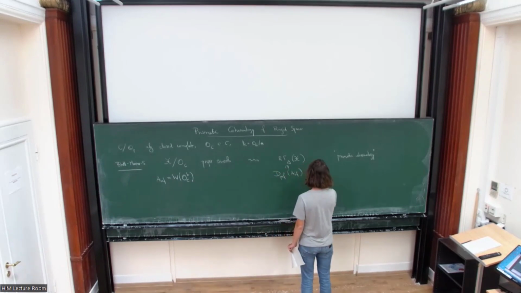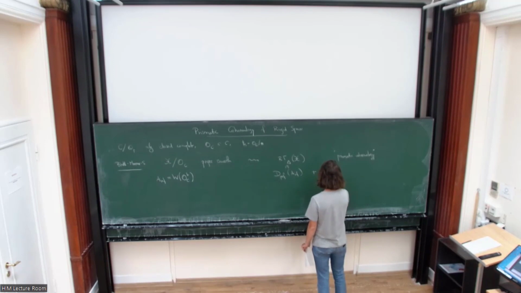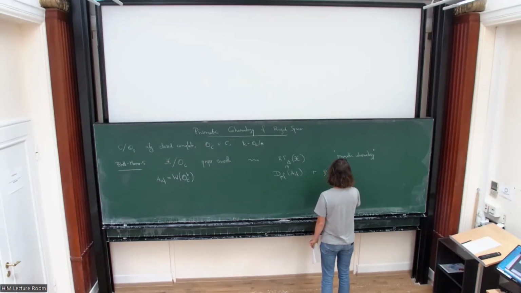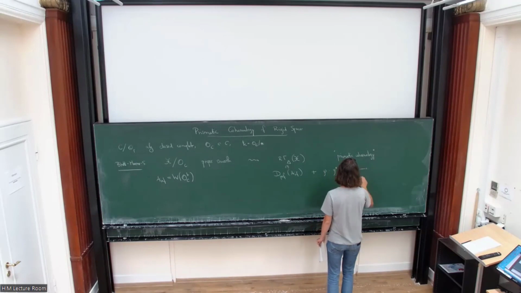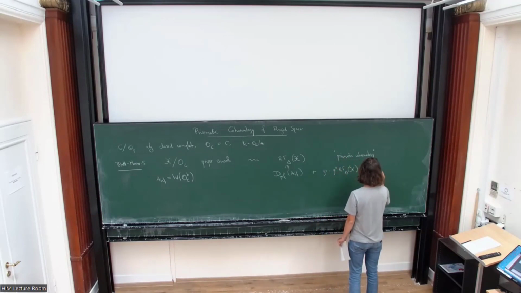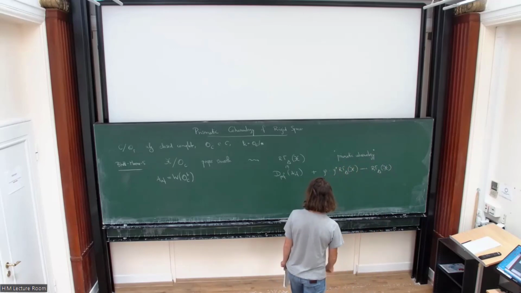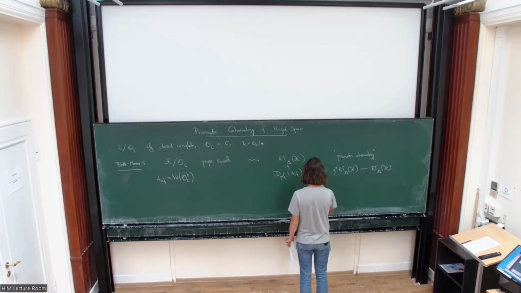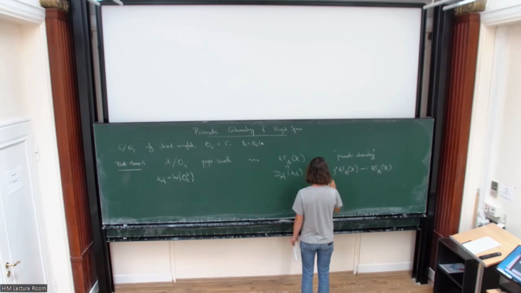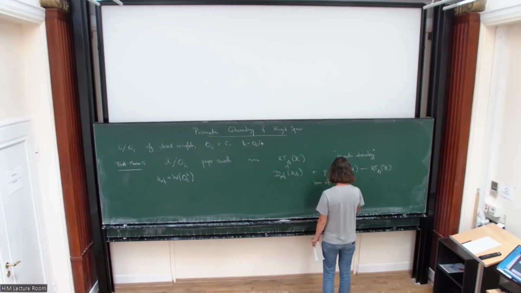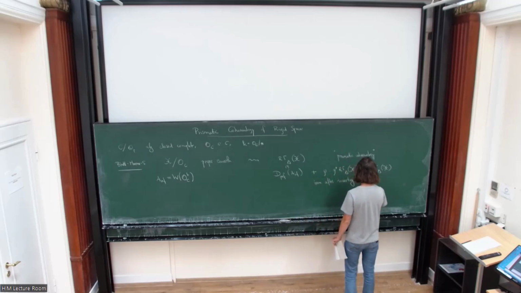And it also comes with a Frobenius, which is an isomorphism after inverting.